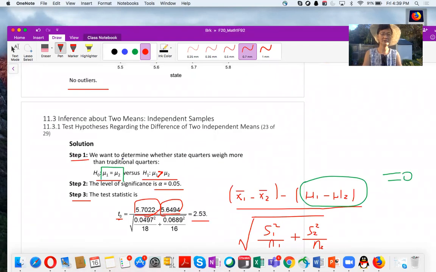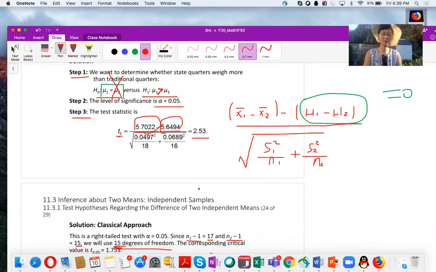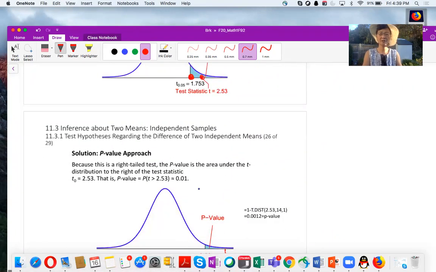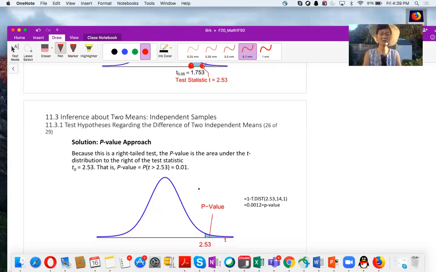Therefore, you conclude the mean for state quarters is greater than the mean for traditional quarters. Okay, your final conclusion. So this is the critical value approach. We also call it the classical approach.